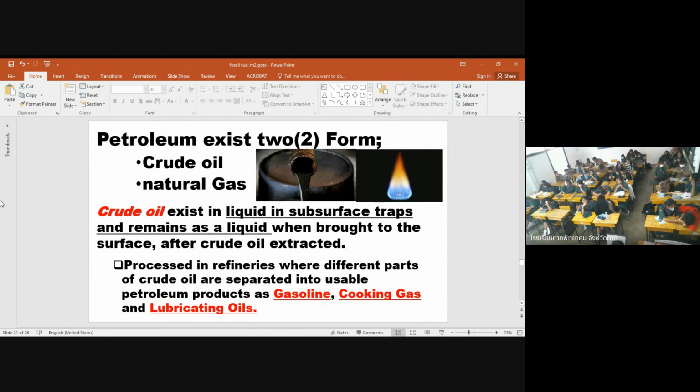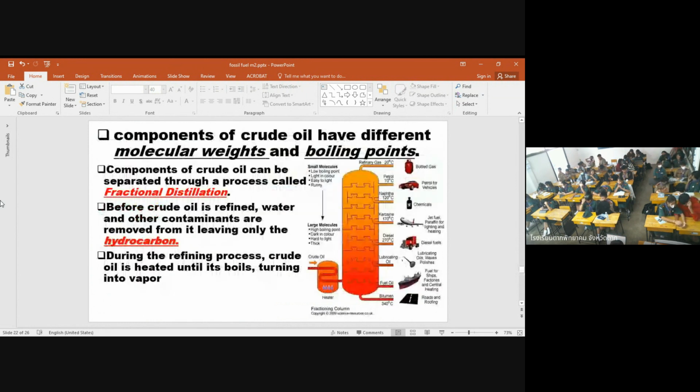From usable petroleum products, we have your gasoline, cooking gas, and lubricating oils. This one we call your fractional distillation.